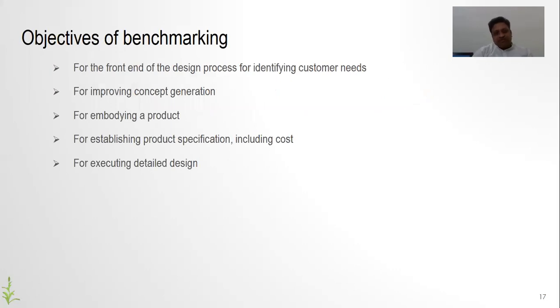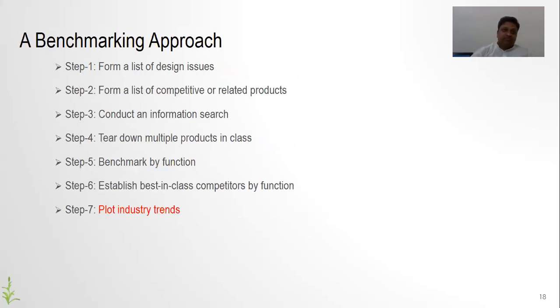Objectives of benchmarking: for the front end of the design process, for identifying customer needs, for improving concept generation, for embodying a product, for establishing the product specification, including the cost, and for executing the detailed design. Benchmarking approach.